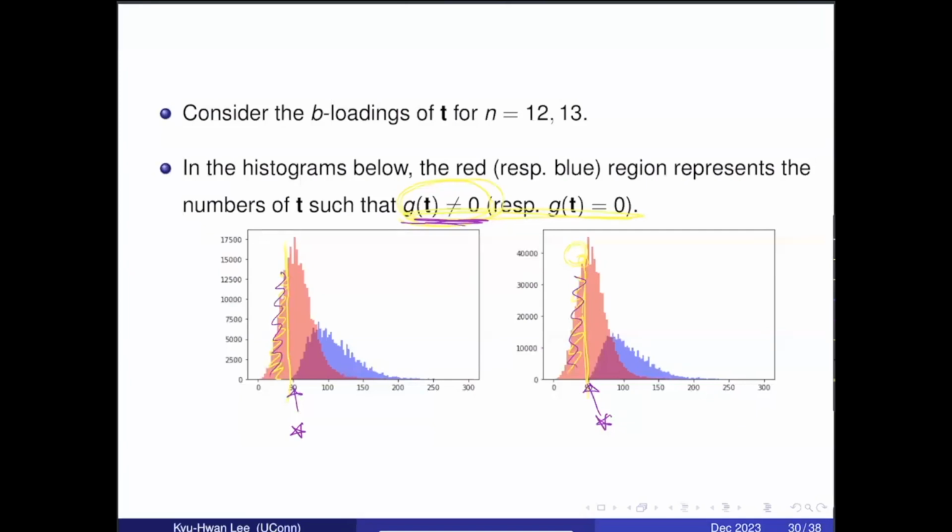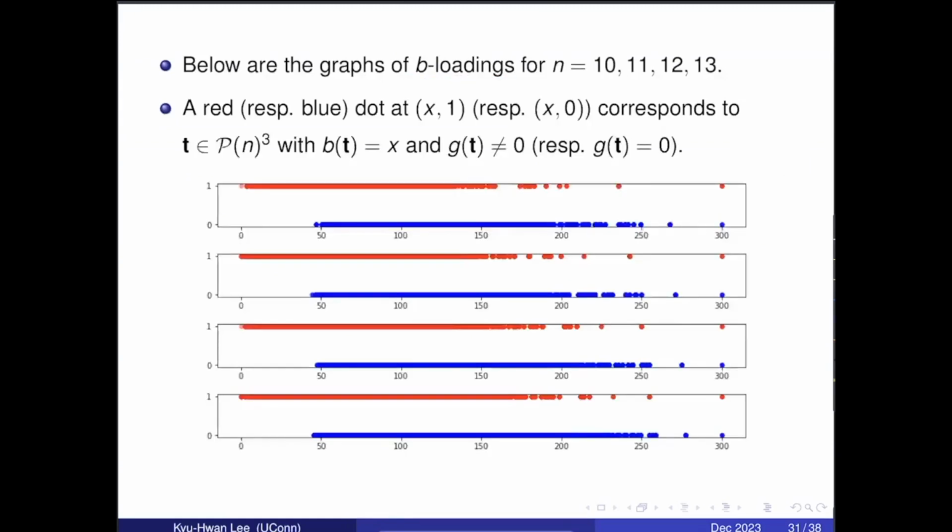So let us do that. The idea is, if we look at the values of B loadings, then the graphs look like this. We are sketching the graphs for n equal to 10, 11, 12, or 13. The pictures are all similar, and this point will be important because the histogram is like this.